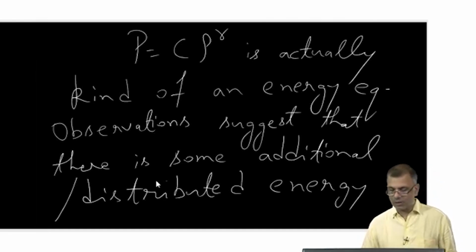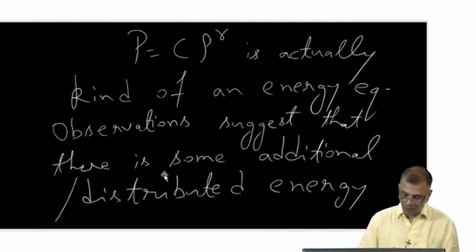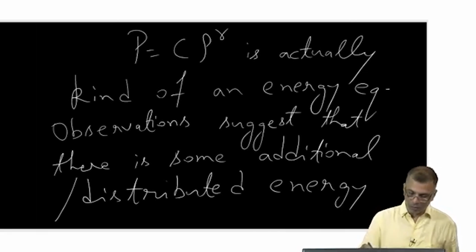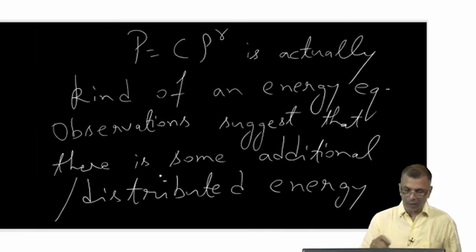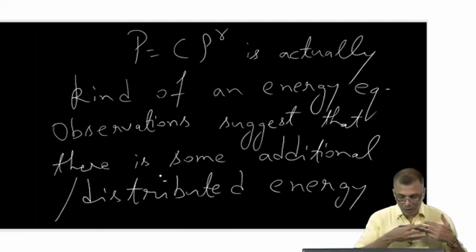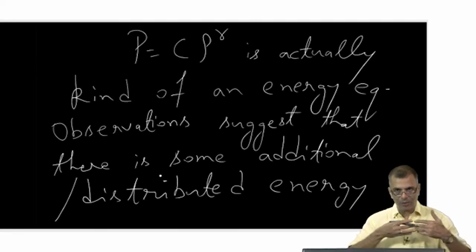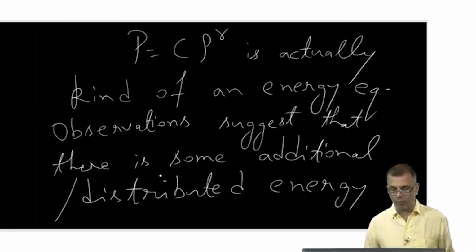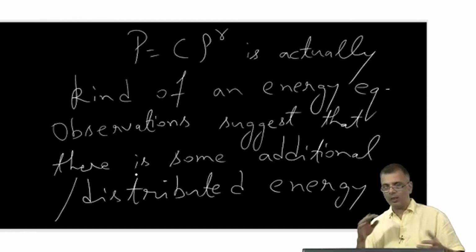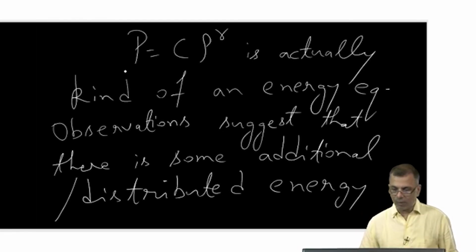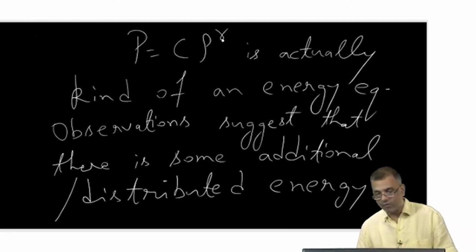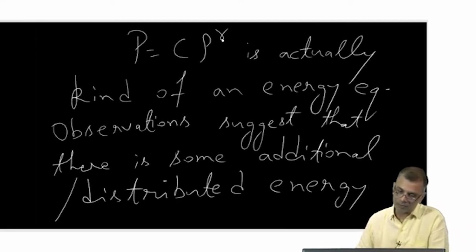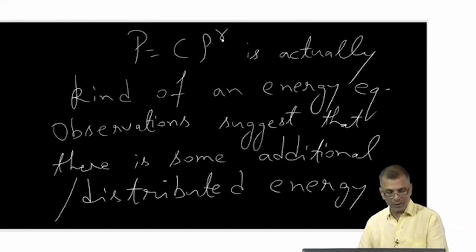Observations suggest that there is some kind of additional energy deposition, and by distributed I mean all throughout the solar wind, as in it's not at one radius or two radii. It seems like there is some additional energy deposition for a while as the wind flows out. This can be captured via a polytropic equation of state like this, in particular by varying the value of gamma.